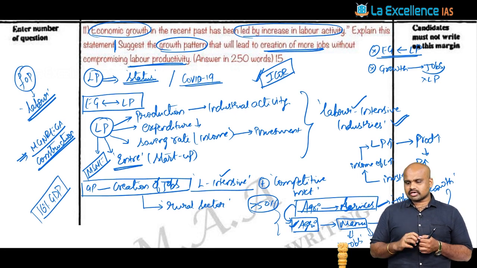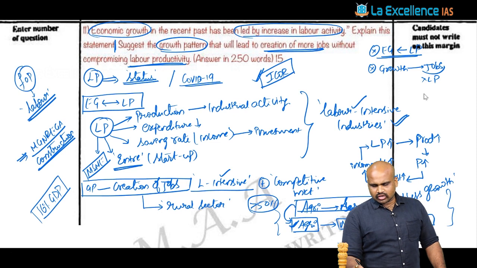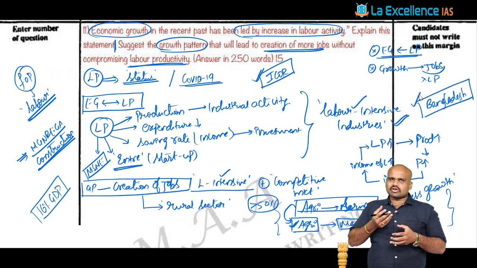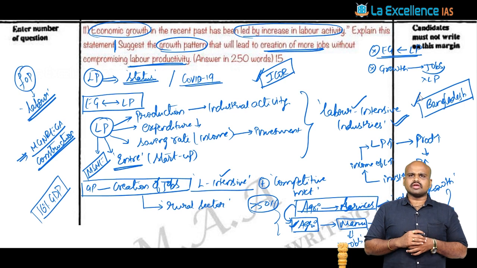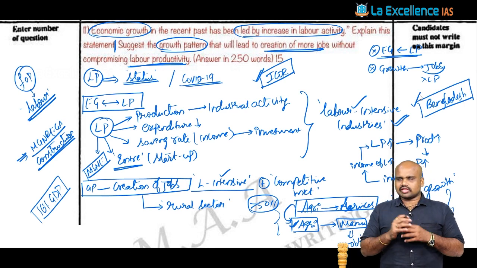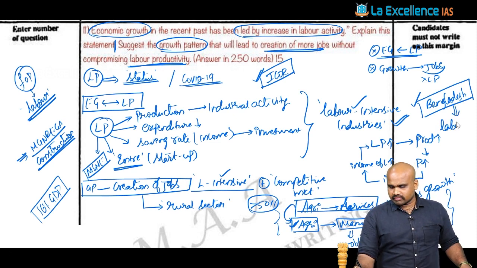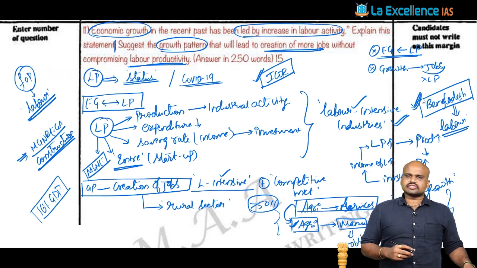One case study we can talk about is Bangladesh. When we look at the growth trajectory of Bangladesh and the recovery of its economy after COVID, the strength of their economy was fundamentally seen because their economic systems are majorly driven by labor intensive industries. Such a case study can be stated in this context.